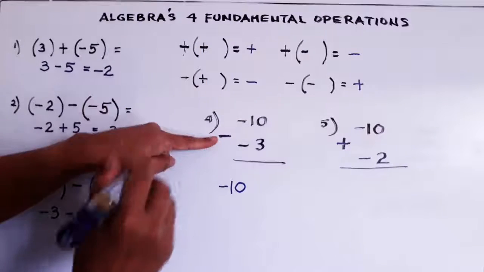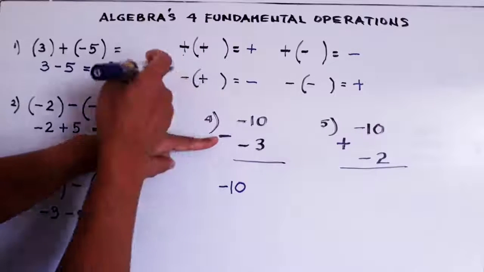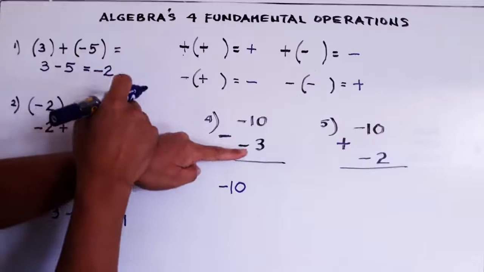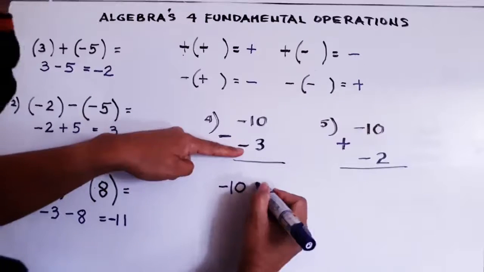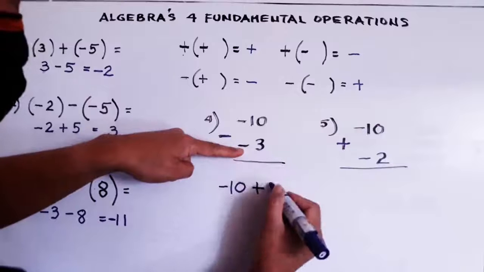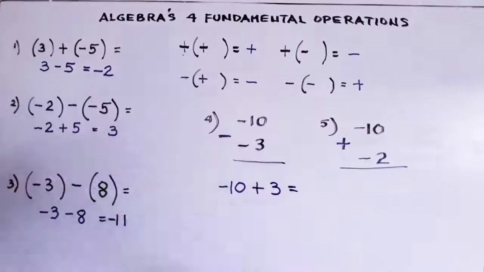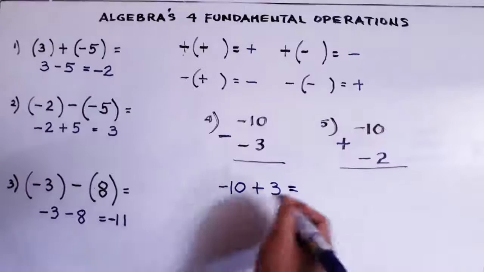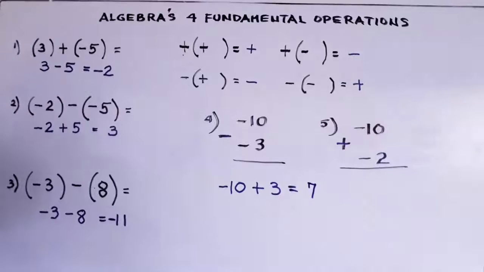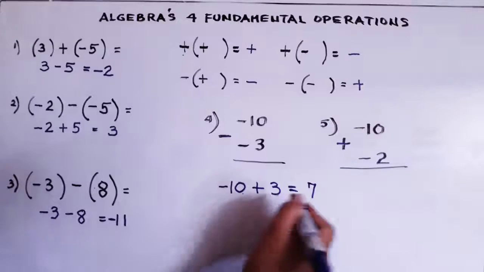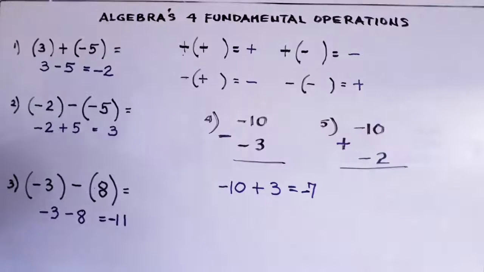What's our principle? If the first one is negative, we change this one because this one is negative. We change this one, it would become plus, and then we have the 3. Now, like signs? No. Unlike? Yes. Then we subtract. 10 minus 3, 7. Next one, which is bigger? 10. Its sign? Negative. So we have negative 7.